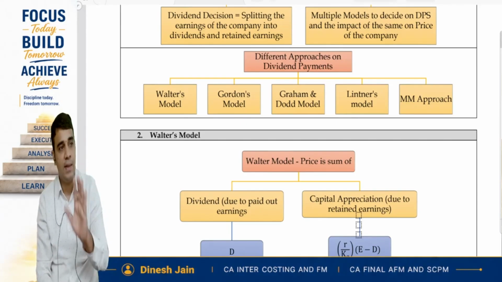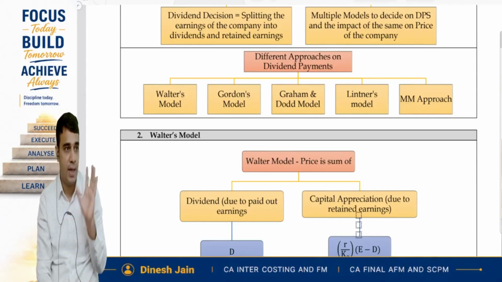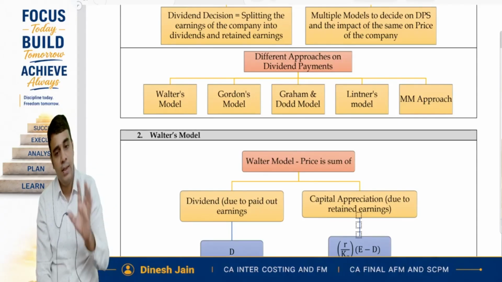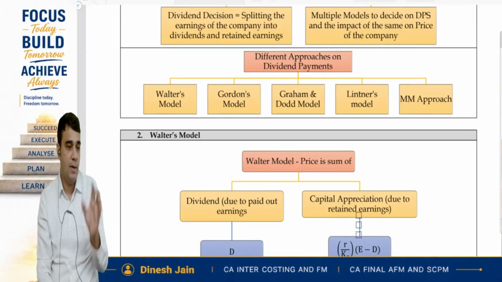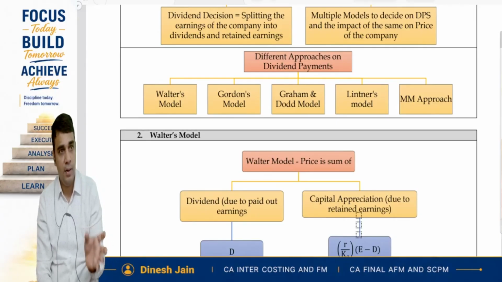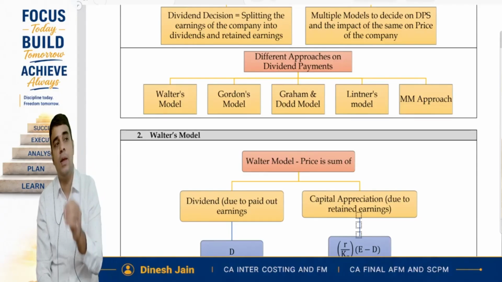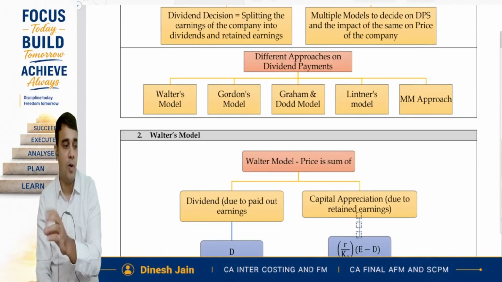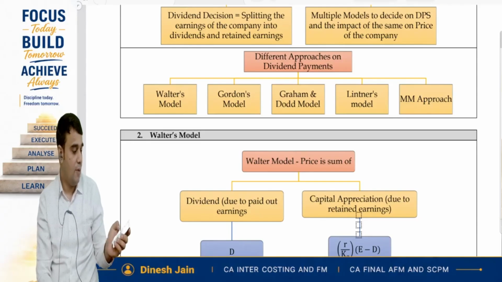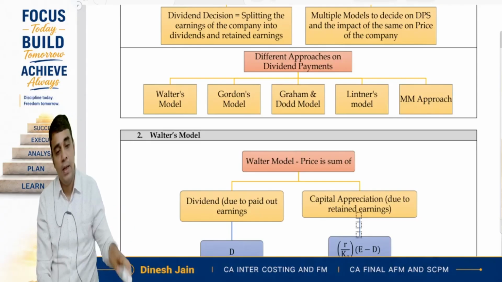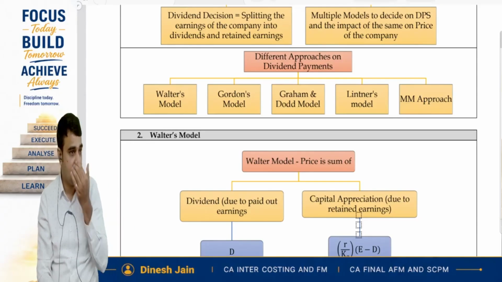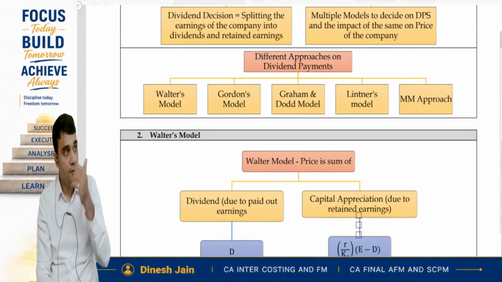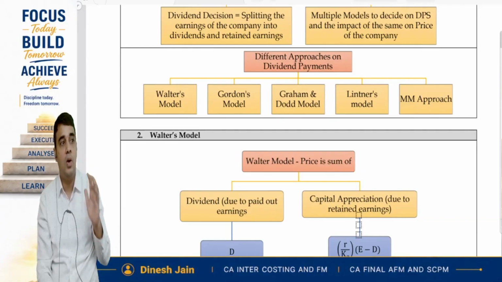Similarly, here some approaches say there is no impact. Whether you pay 1 rupee dividend or 2 rupee dividend or nil dividend, there is zero impact on the value of the company. And there are certain models which say no, the value of the company will get impacted if you pay a higher dividend vis-a-vis a lower dividend.